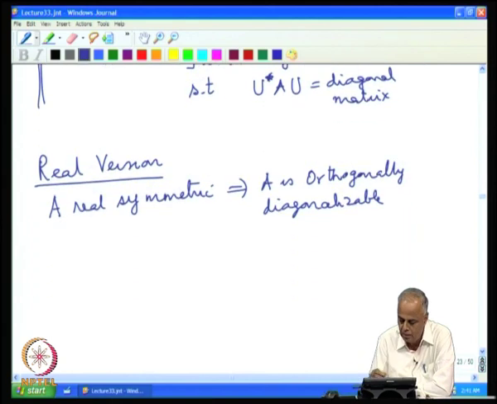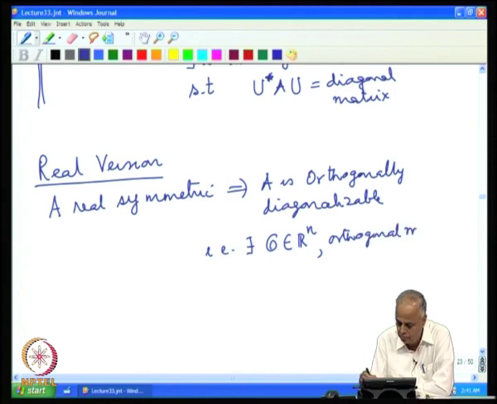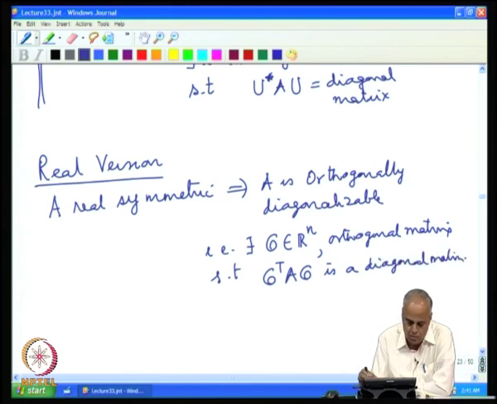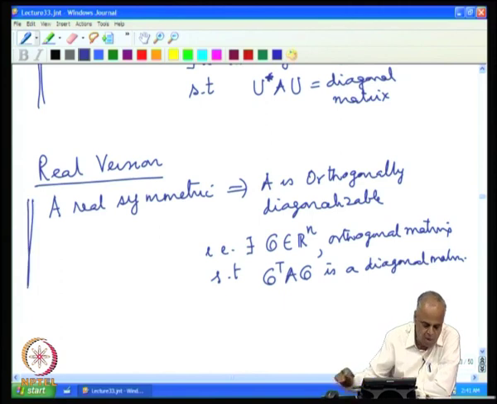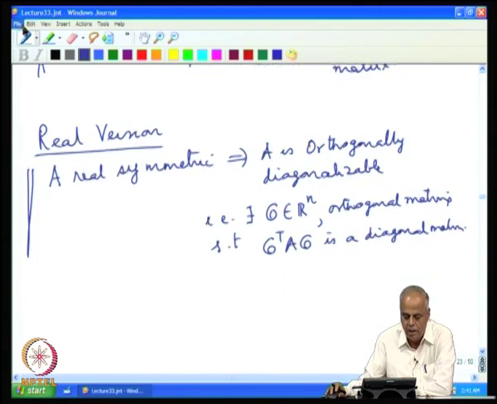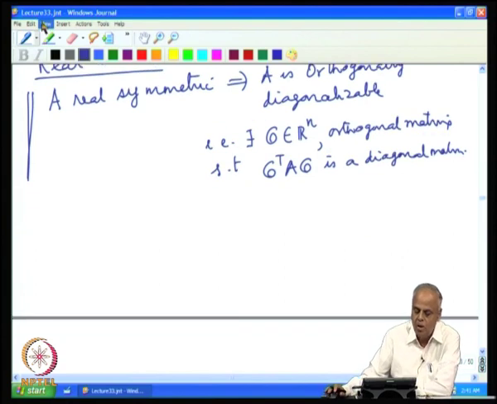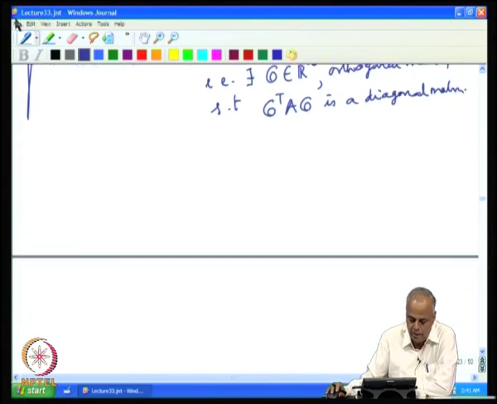That is, there exists O belonging to R n, an orthogonal matrix. Now, there is no star. So, O transpose A O is a diagonal matrix. So, real symmetric matrices are orthogonally diagonalizable and complex Hermitian matrices are unitarily diagonalizable.